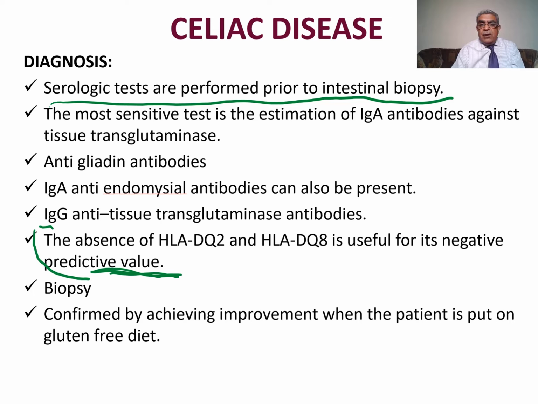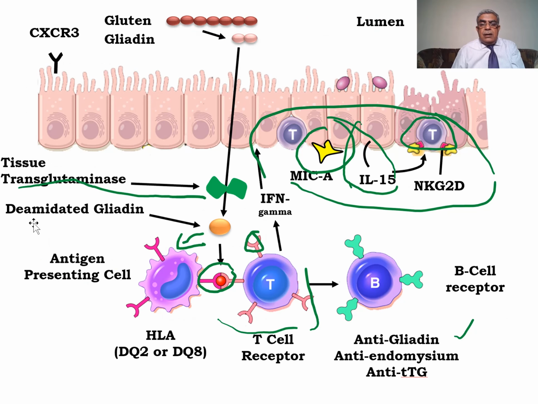These two alleles were present on the antigen presenting cells, which presented the gliadin, or which present the deamidated gliadin.